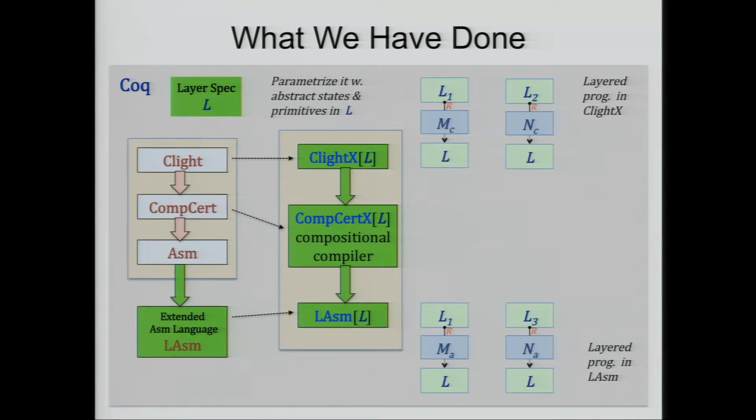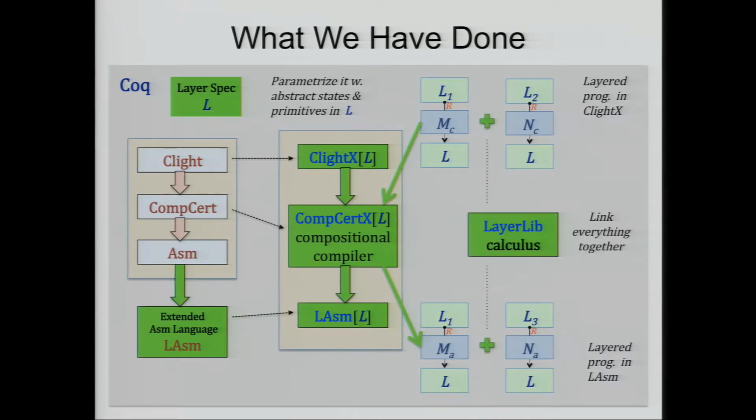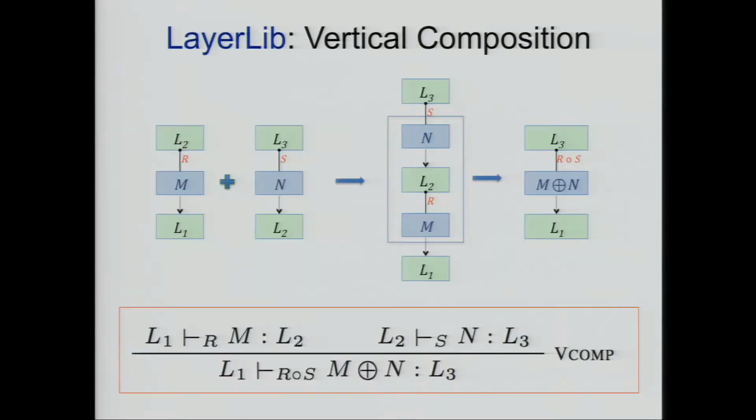Then this CompCertX compiler will compile ClightX to LLAsm. We can take those layers that you verified at C, and CompCertX will generate the layer that's verified at the assembly layer. Then this layer library will help you put all these things together. So that's the big picture that we have.